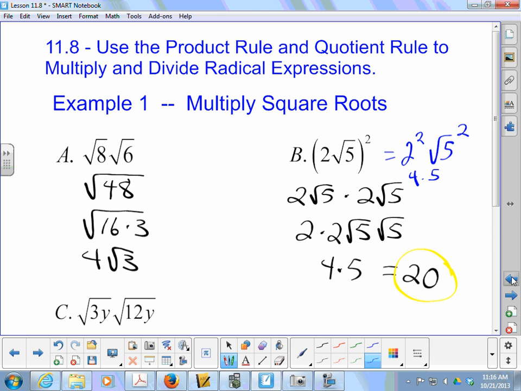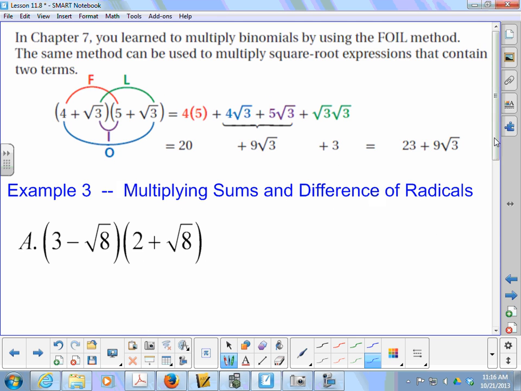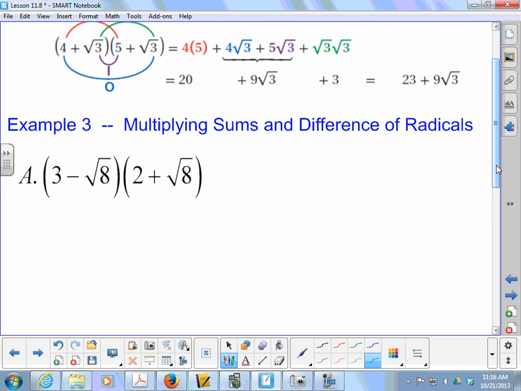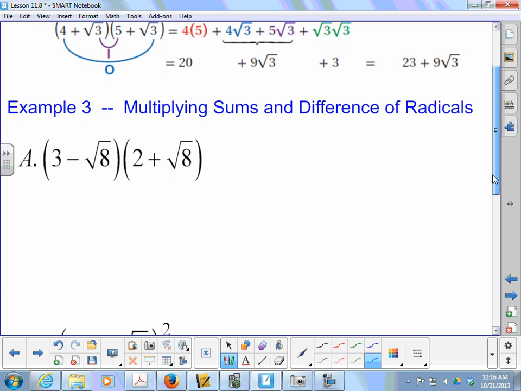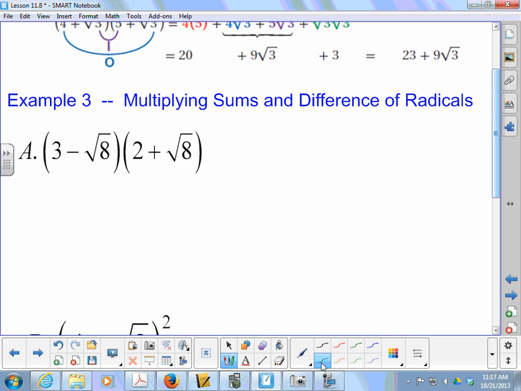So just remember, there is a difference. This says multiply here. Over here, we have two totally different things, so be careful. Since we all know how to FOIL, we'll just go right into that. 3 times 2 is 6. 3 times square root of 8 is 3 square roots of 8.